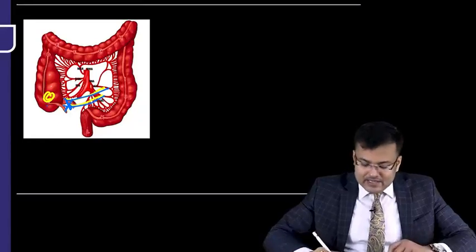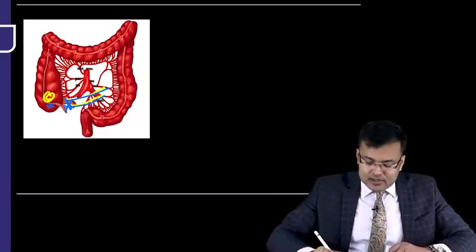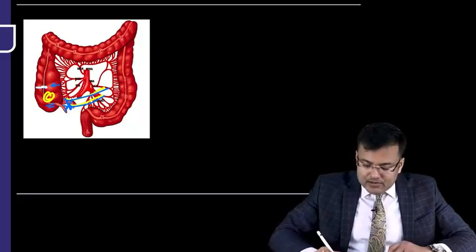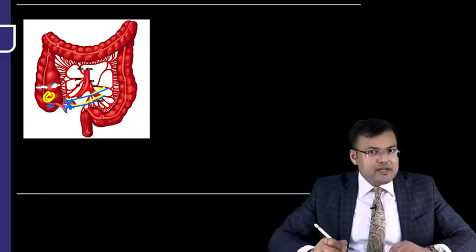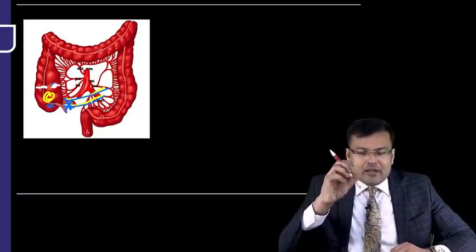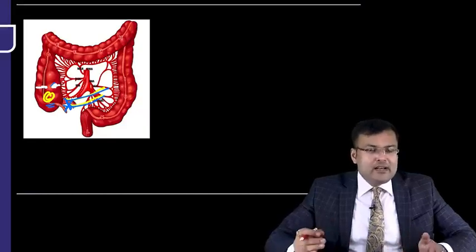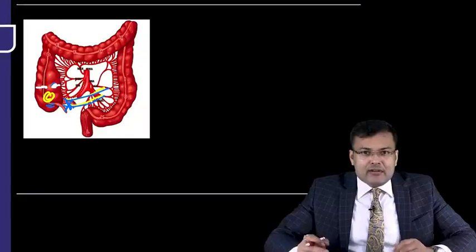So what will happen in that case? Cecum will be collapsed. And if patient is having large bowel obstruction, obviously the obstruction will be beyond cecum, and whenever obstruction is beyond cecum, cecum will be distended. So first structure you have to see is cecum. If it is collapsed, patient has small bowel obstruction. If it is distended, patient has large bowel obstruction.